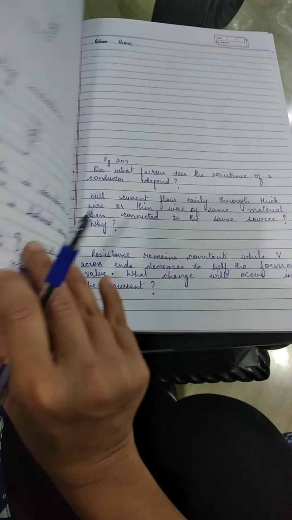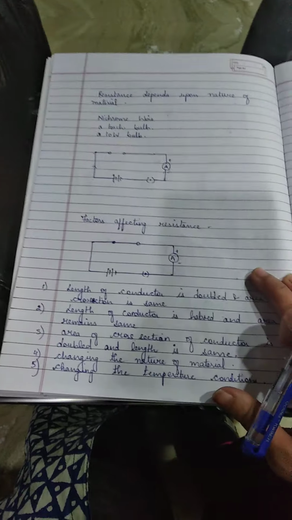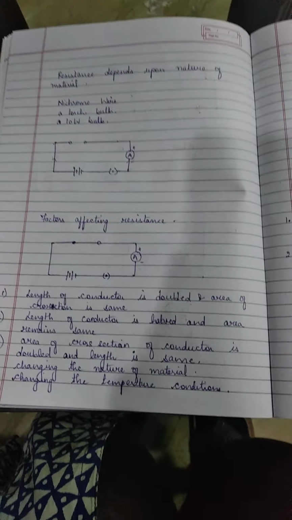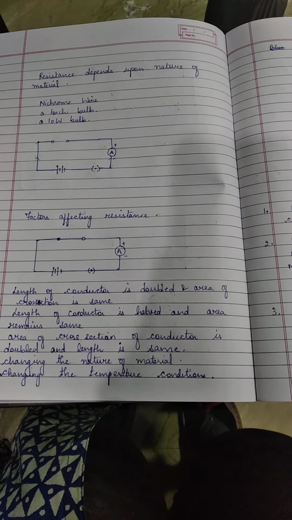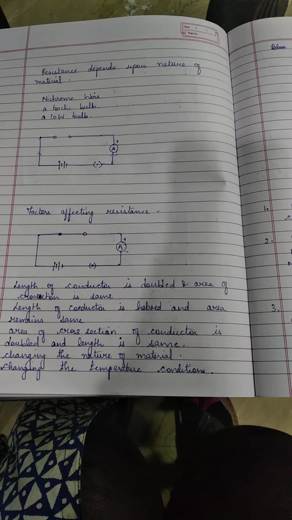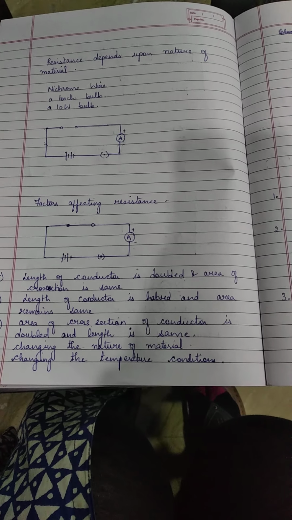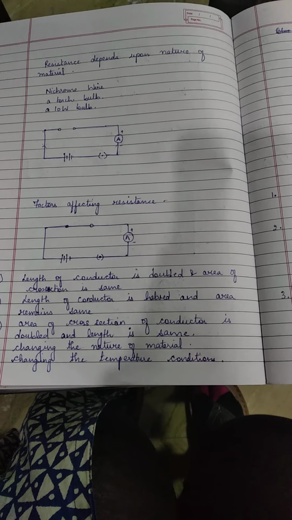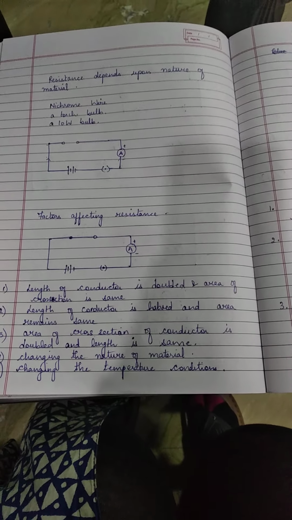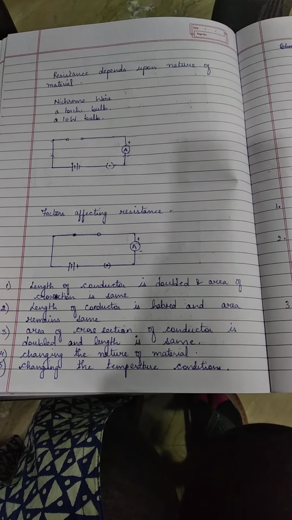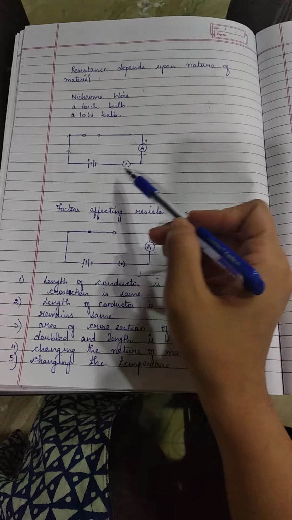Coming on to our next topic. Now, what does this resistance depend on? Resistance usually depends upon the nature of a material. We will cover this in our next example. You have a diagram, figure 12.2, with this particular setup.